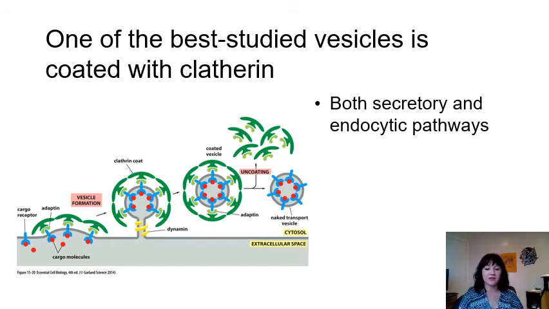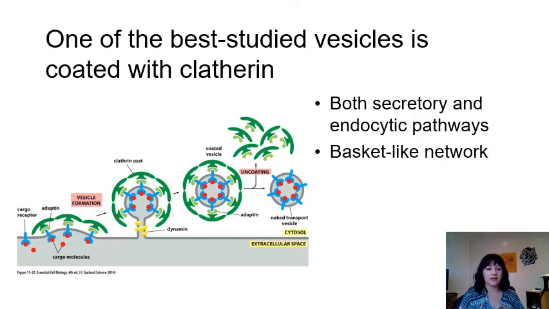So this process is used for both secretory and endocytic pathways, so exocytosis or endocytosis. In this specific example, we're looking at endocytosis, all right? But the same mechanism would happen, say, on the surface of the endoplasmic reticulum or of the Golgi.